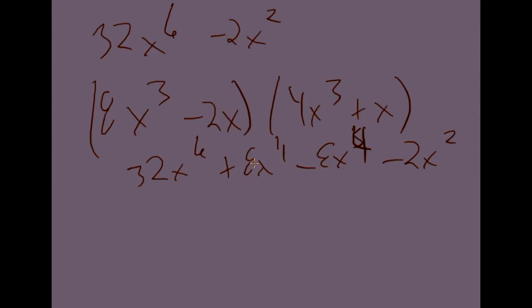And see, that works, right? These cancel out. And we get 32x to the 6 minus 2x squared. Okay. See, that one works.